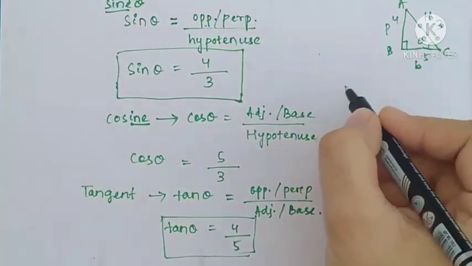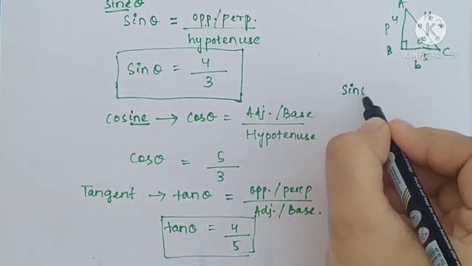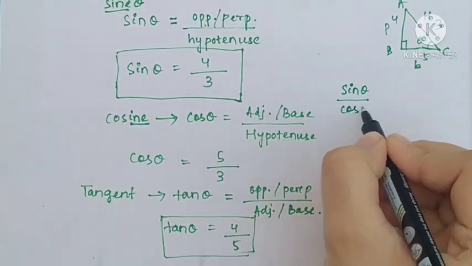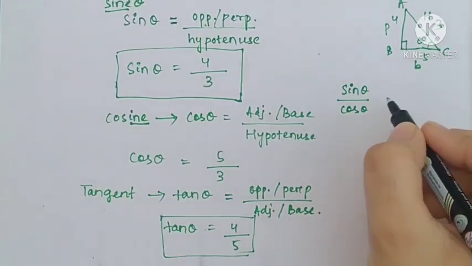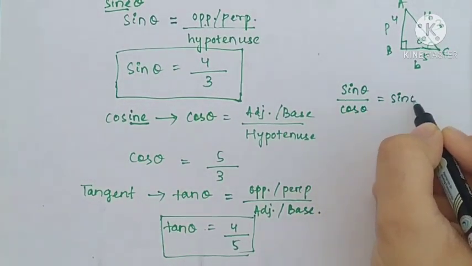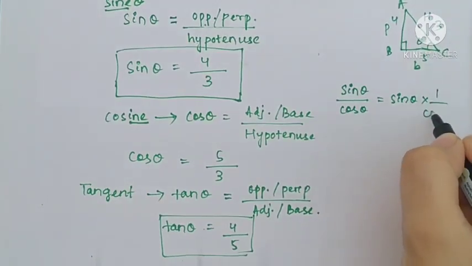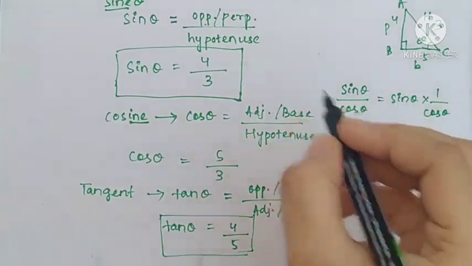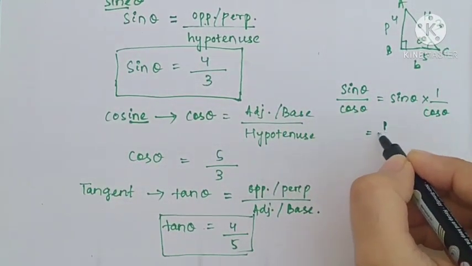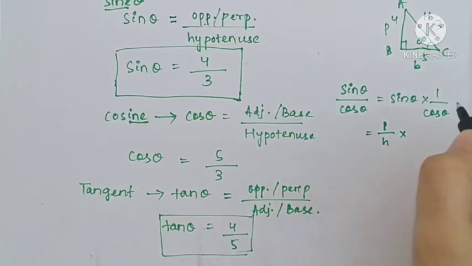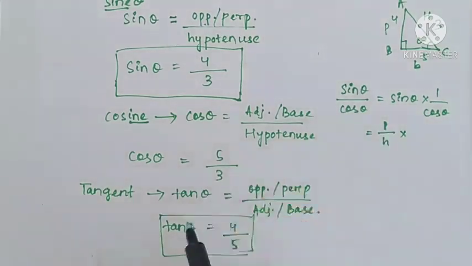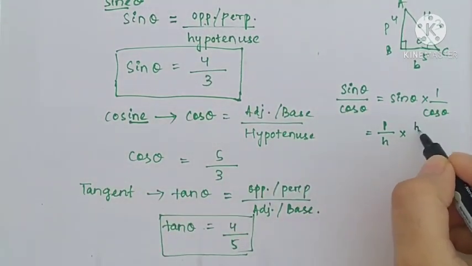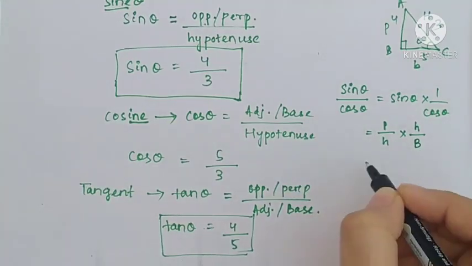So if the question is given sin theta by cos theta, we will write it as sin theta into 1 by cos theta. So the formula of sin theta is perpendicular by hypotenuse, into the reciprocal of cos theta, which is hypotenuse by base.